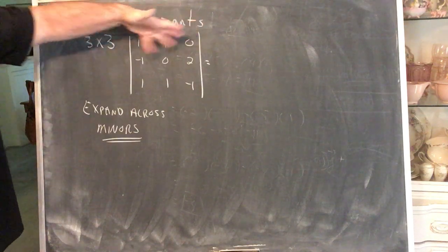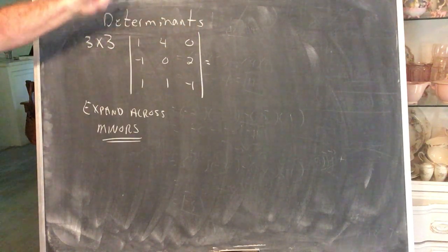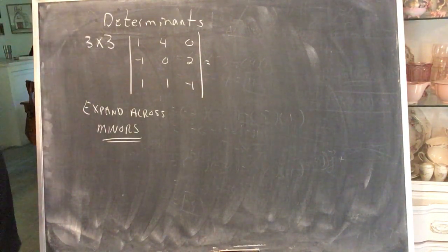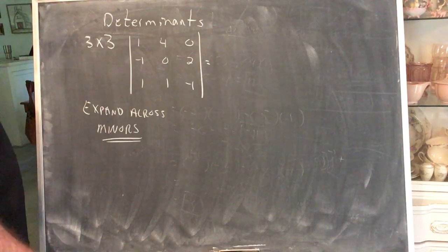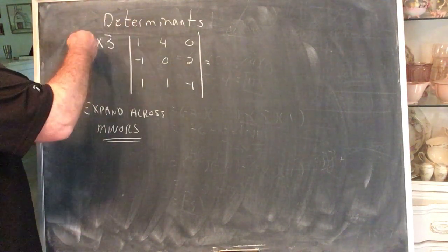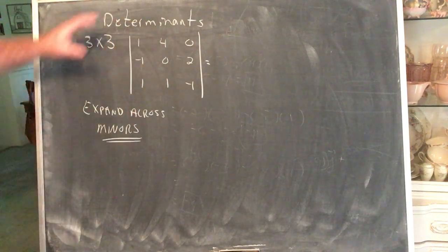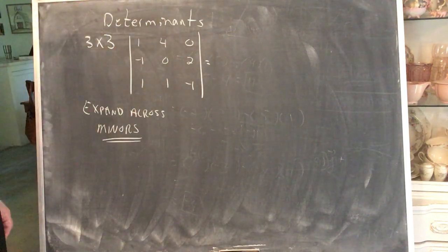You are free to choose any row or any column of this determinant. And so let's choose. Suppose we choose the top row. The top row. So I'm going to expand across the top row.